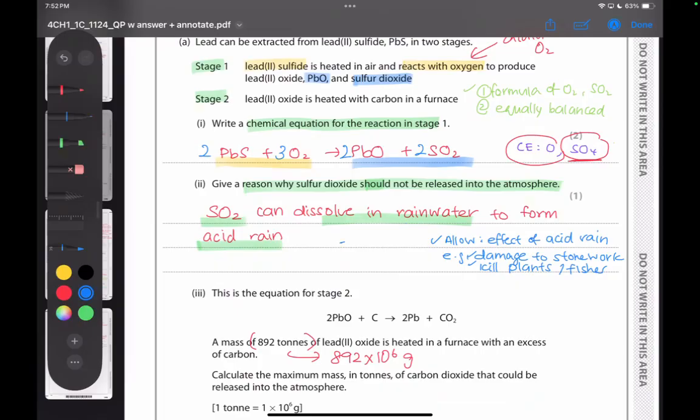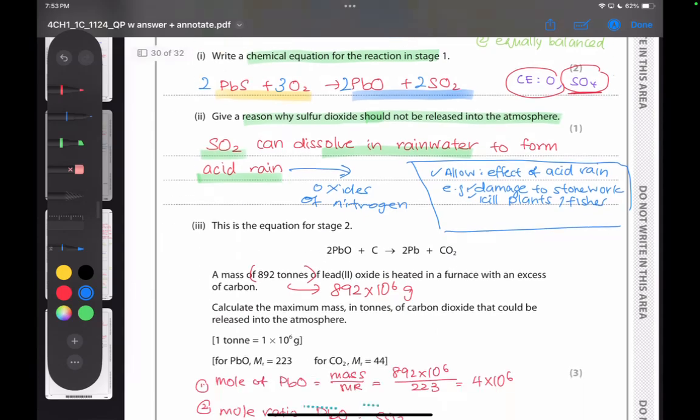The other one that dissolves in rainwater to give acid rain is the oxides of nitrogen. These are the other possible answers. If you are able to discuss the effects of acid rain, such as it damages limestone, kills plants, destroys plants and fishes, that is also okay.